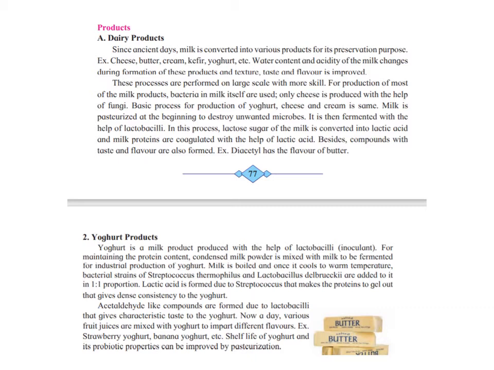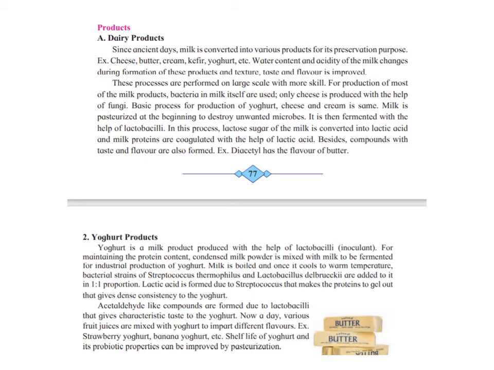And the proteins which are present in the milk start coagulating, or joining together, to form a semi-solid kind of structure. That's why curd has a little sour taste as compared to milk, and at the same time the curd is more semi-solid as compared to milk, because the proteins have coagulated, and the flavor of curd is a little different from that of milk.